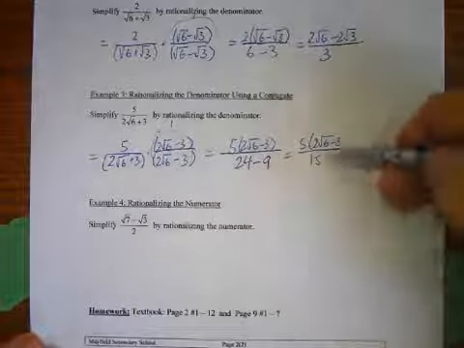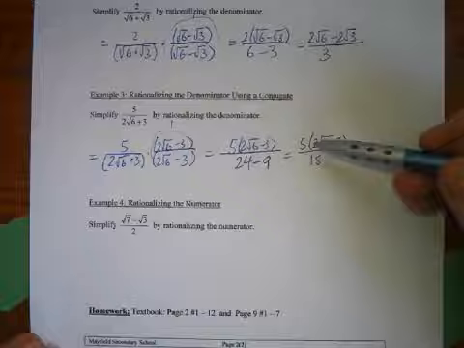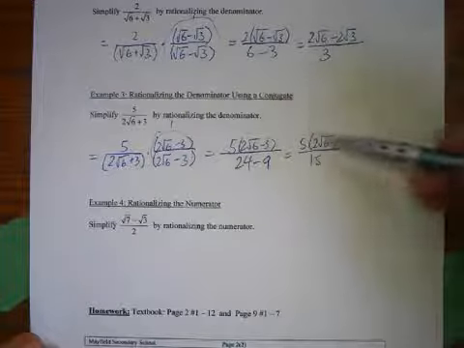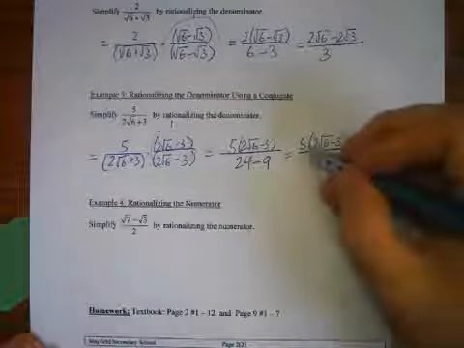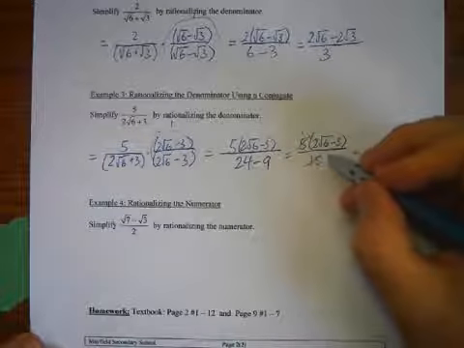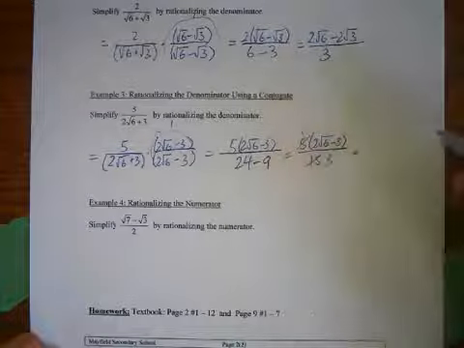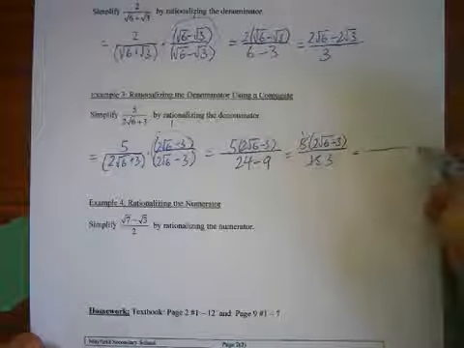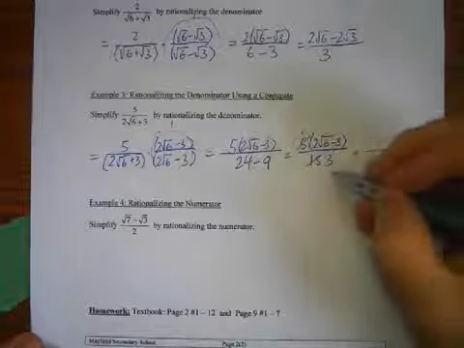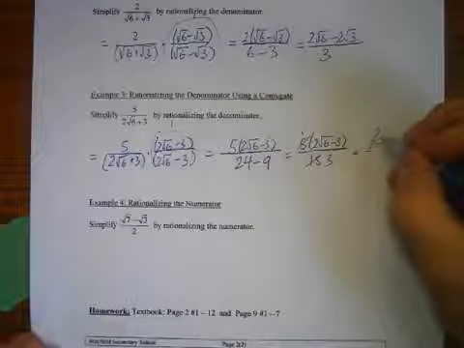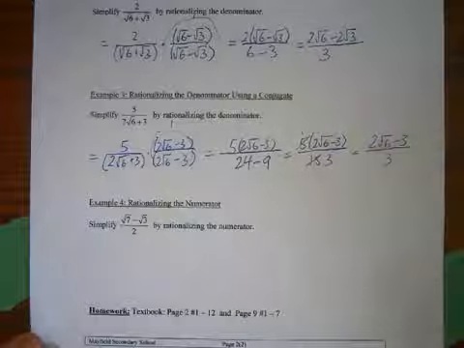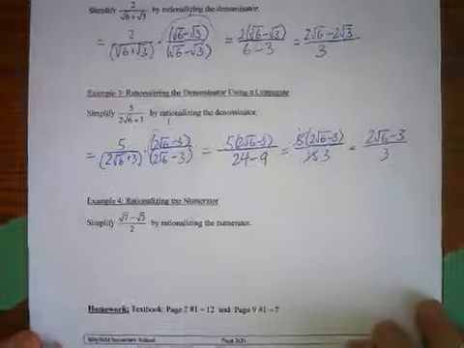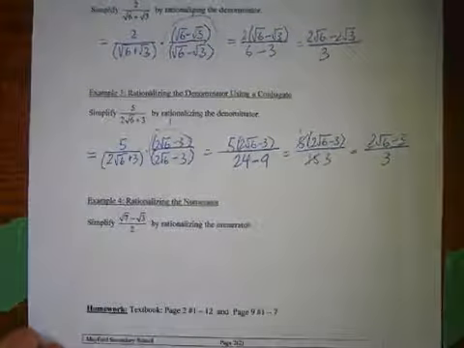But now you can see the reason why I did that was I want to be able to reduce before I expand this. And I can see here 5 and 15, I could reduce that to 1 over 3. So when I reduce that, I get 2 root 6 minus 3 over 3. Okay, so that one's a little bit tougher.